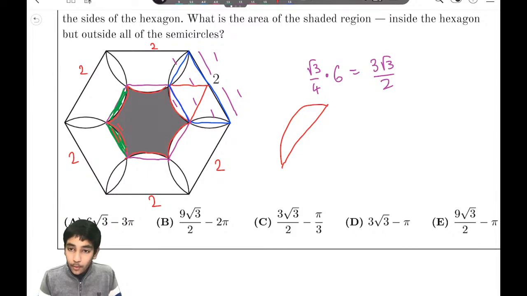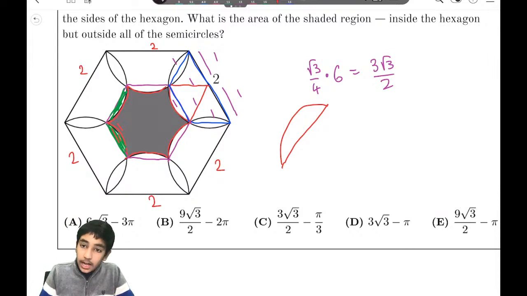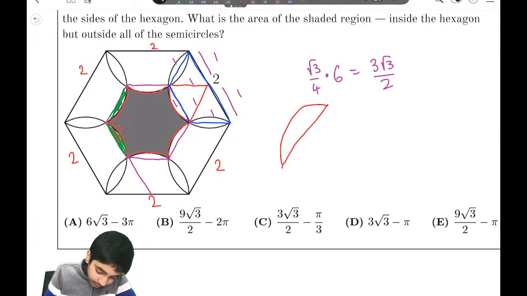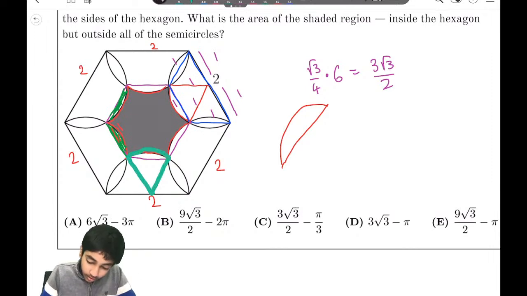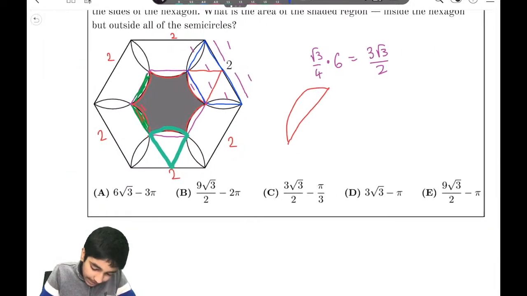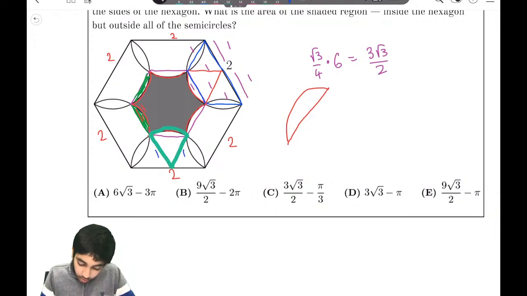So what is this part of? What kind of shape can we actually use it as a part of? Yeah, exactly. We can look at it as a part of this equilateral triangle here. We can say that this arc has the area of, well, we know that the side length of the hexagon is 1. We know each of these lengths is 1. So the area of this arc is simply, this is 60 degrees, it's an equilateral triangle, right?